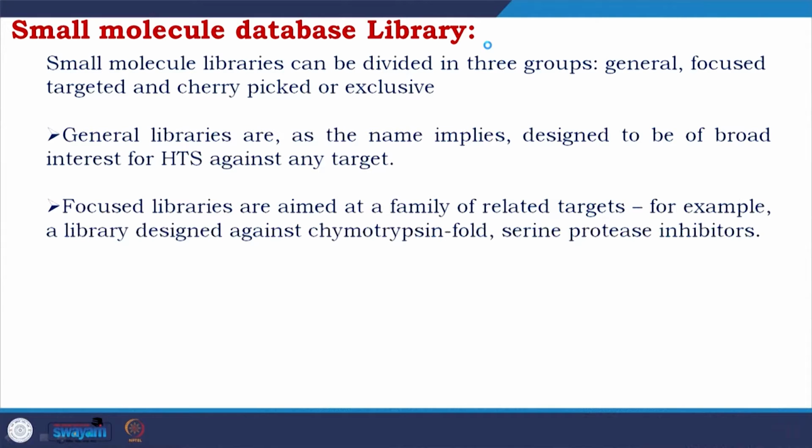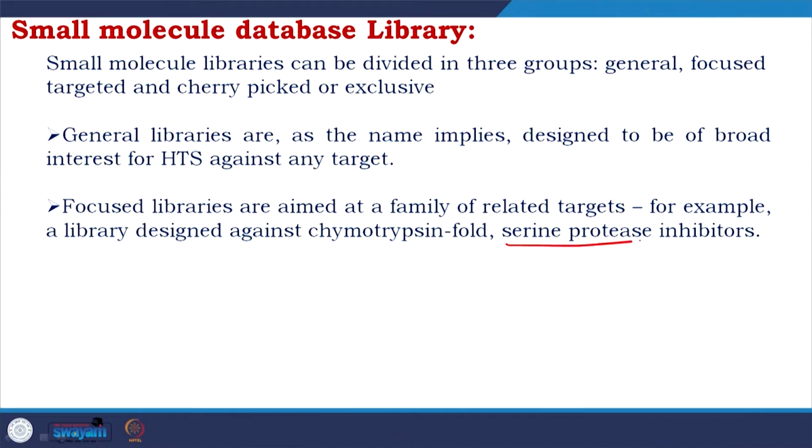So, there is trypsin, there is chymotrypsin, there is elastase, there are a lot of such proteases, and all those proteases work through serine as a catalytic residue. So, if you could inhibit them with a library of compounds, they are called serine protease inhibitors.